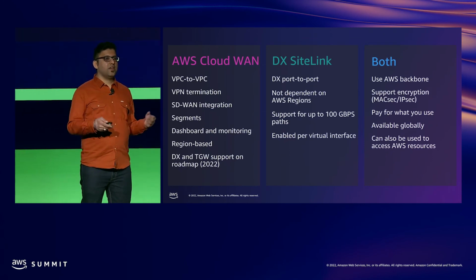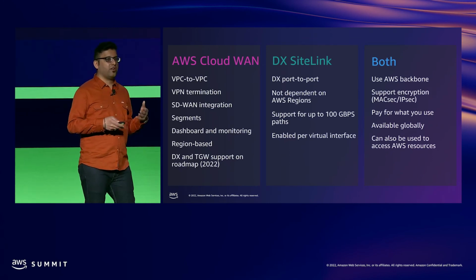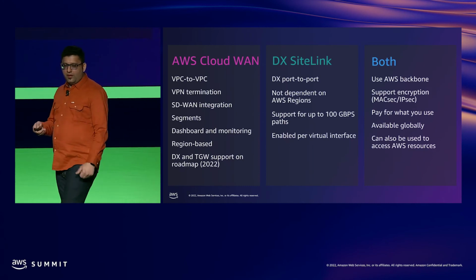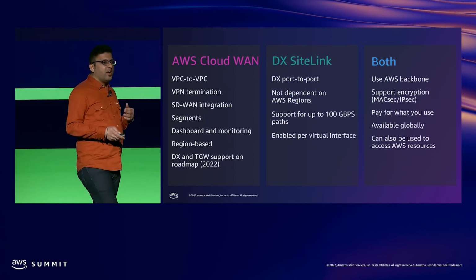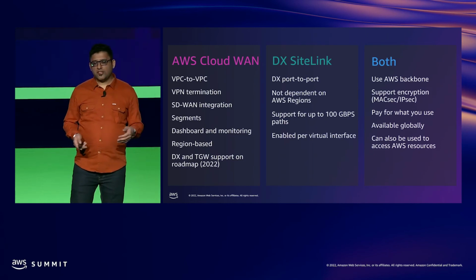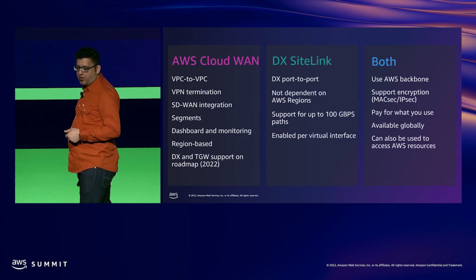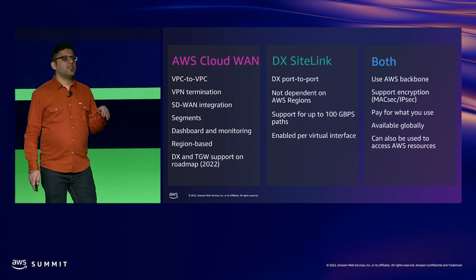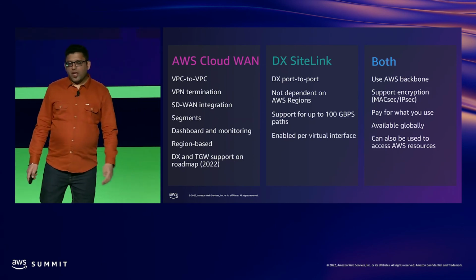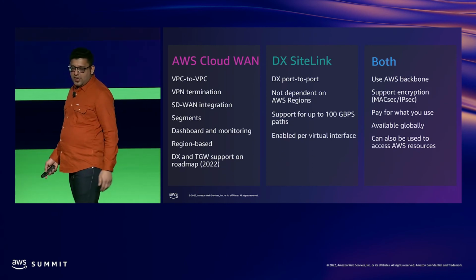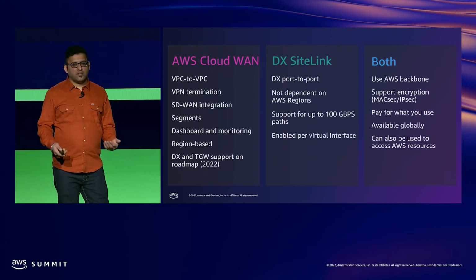And you can build these network segments that determine who can talk to whom. With AWS Site Link, if you're already using Direct Connect today, you can do a port-to-port connection using Site Link, which Tom just explained. It is not dependent on regions because the traffic is not going to the regions. And it supports up to 100 gigs of connectivity. And both of these options, as you can see, use the AWS backbone. You can have encryption as well.